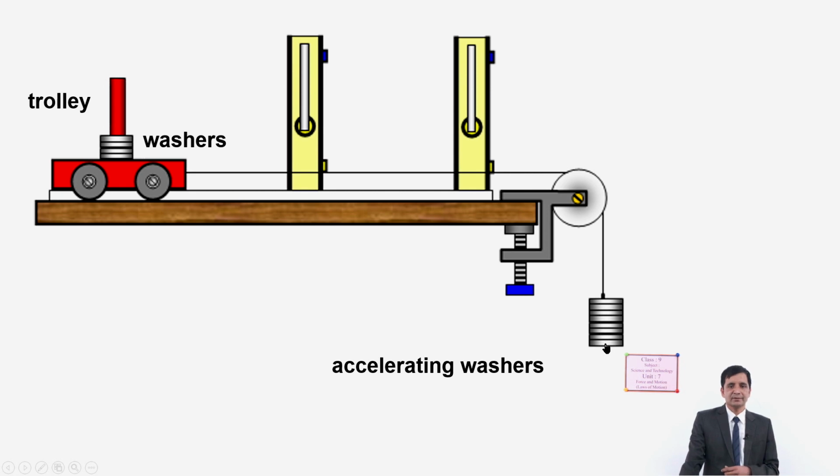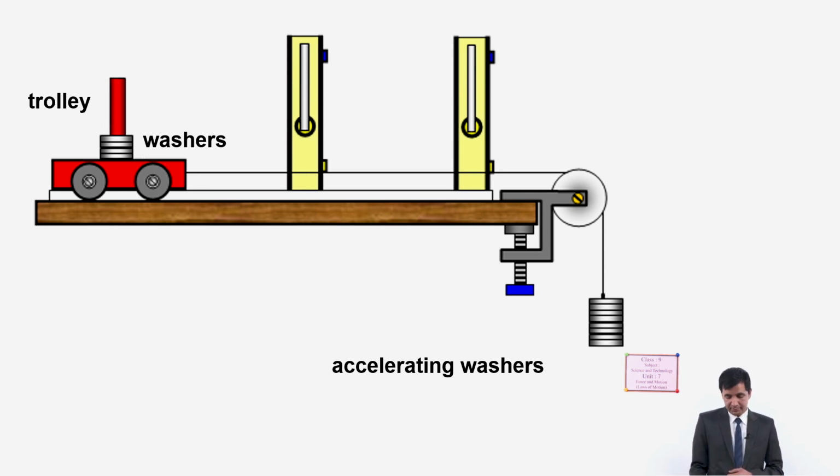The name itself says that when we pile up more and more accelerating washers, it accelerates the vehicle, which is measured by calculating the time interval between these two channel gates. In this way, we can experimentally calculate the acceleration produced on a body when different amounts of force are applied on it.